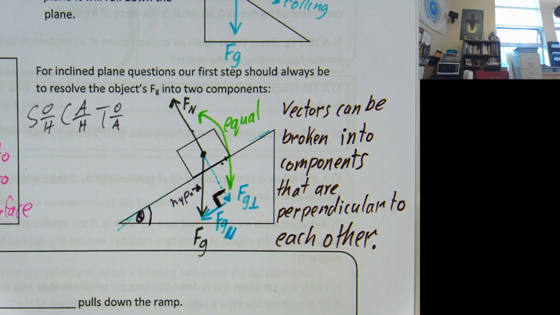As I incline this, those of you who can see what's going on here, I've got a normal force up at an angle. I've got FG straight down. You're going to have to imagine that I've got a perpendicular component of gravity acting that way, and a parallel component of gravity acting that way. Those of you who can see what I'm doing, we cool with that?